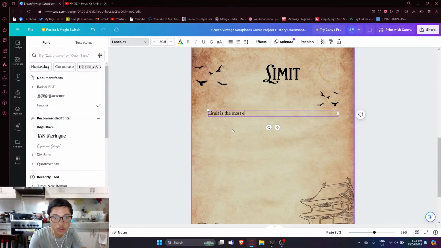Limit is the most essential concept of calculus.